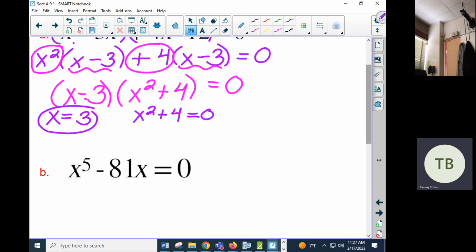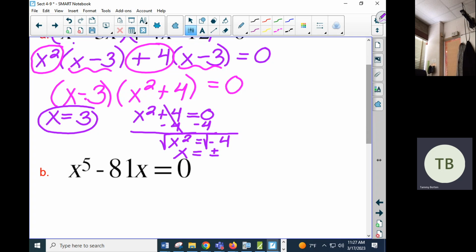Okay. So when I go to solve that, I'm going to subtract 4 and I get x squared equals -4. Then do you know how to get rid of an x squared? You just take the square root. So I'm going to take the square root here as well as there. And x is going to equal plus or minus, okay?